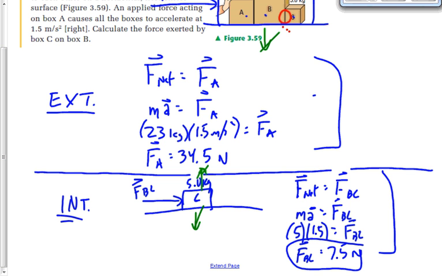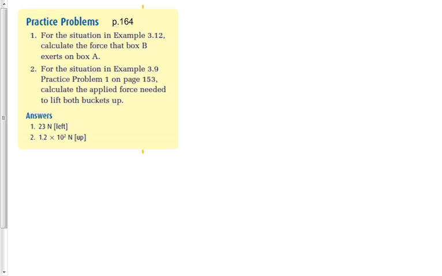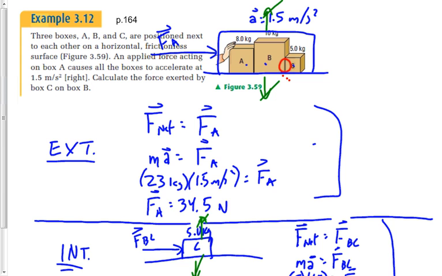All right, if we're good with this, then let's take a look at a couple questions here. We're looking at the example in 3.12. We want to find the force that B exerts on A. Let's focus on this one right here. It goes back to this example.